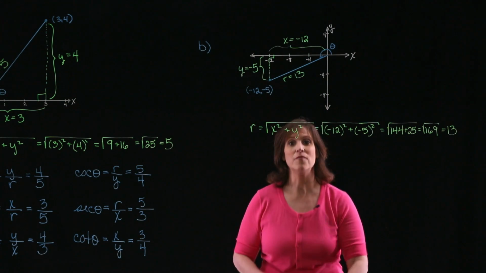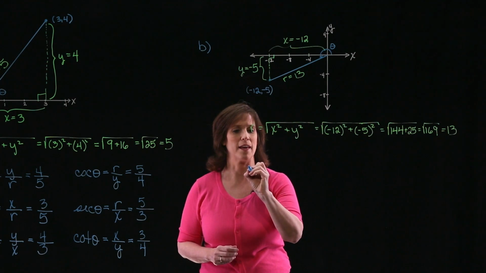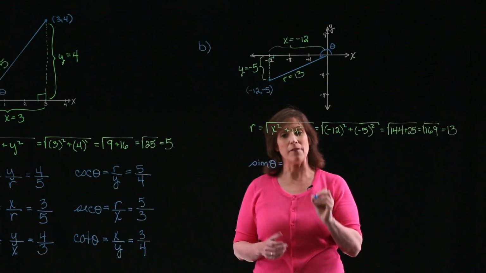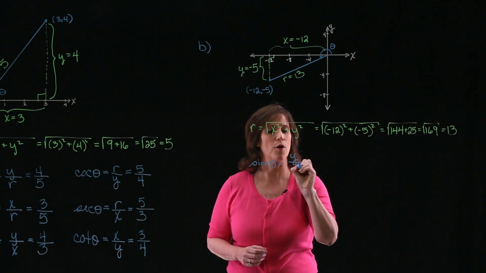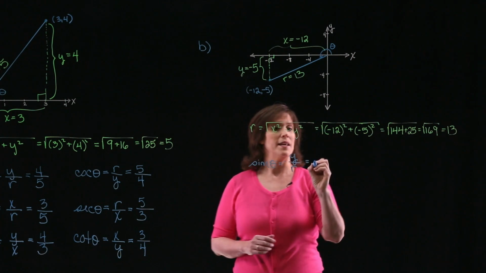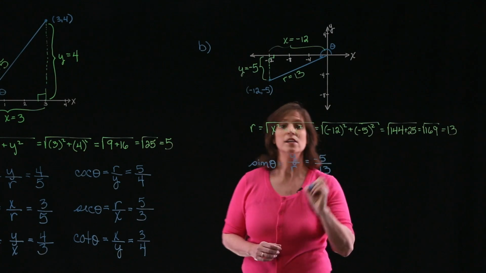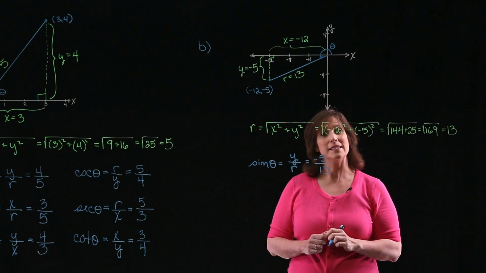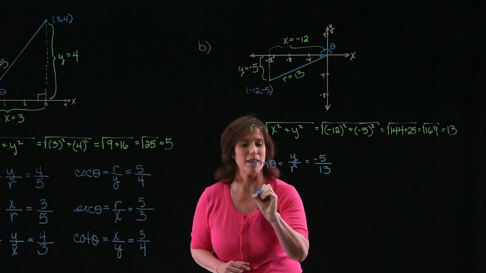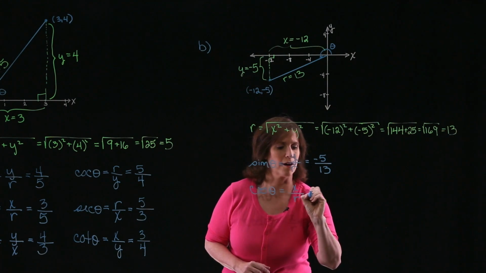Now we're ready to evaluate all of our trig functions. We'll begin again with the sine of theta. The sine of theta, by definition, is y over r. y is negative 5, r is 13. So the sine of theta is negative 5 over 13. The cosine of theta, on the other hand, is x over r.